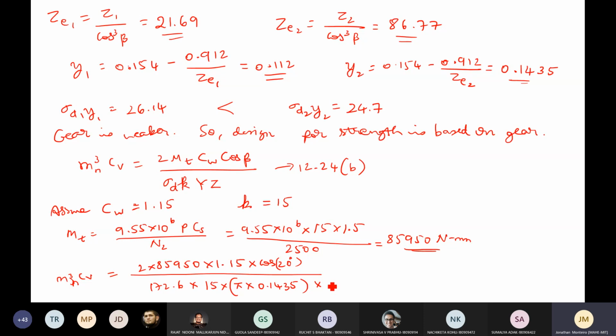In this case you have to go with z2, because you are designing with respect to the gear. To be more precise, I can put Mt2, sigma d2, y2, z2. K is common for both. The answer is 2.21, yes, good. Mn cube Cv is 2.21. This is the required value.